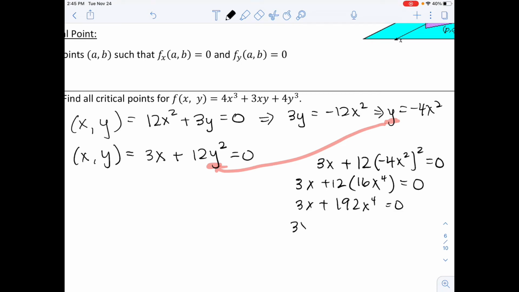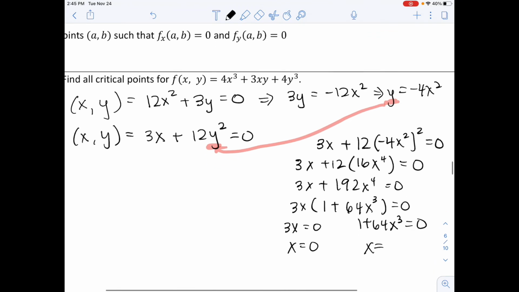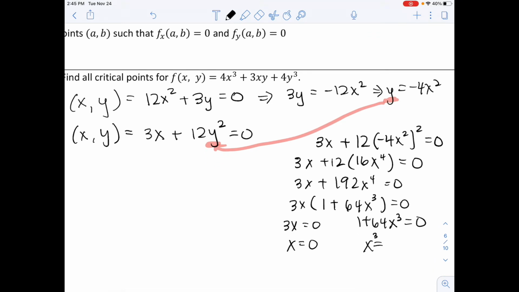Factoring out my greatest common factor, which is 3x, I have 3x times (1 plus 64x cubed) equals 0. Using our zero product property and setting each of these equal to 0, I get x is equal to 0, and, going step by step, x cubed would be equal to negative 1 over 64.